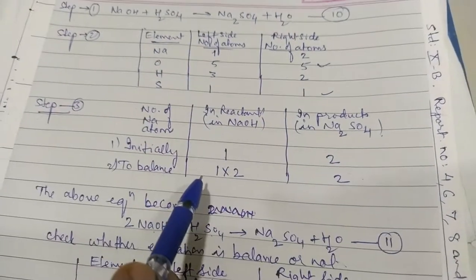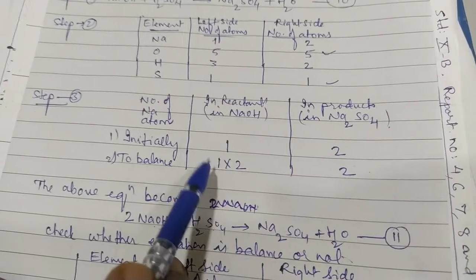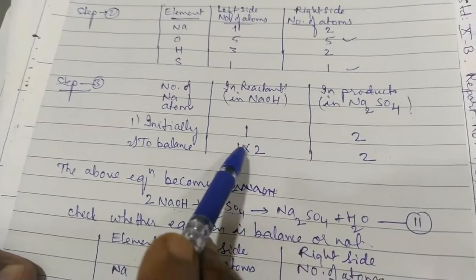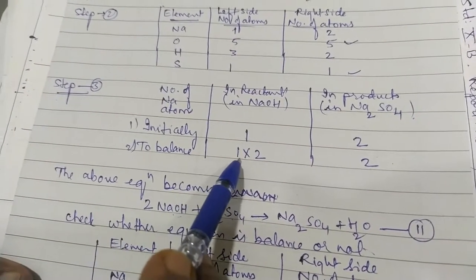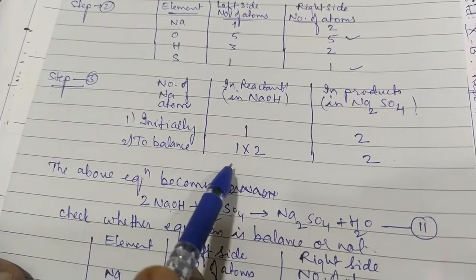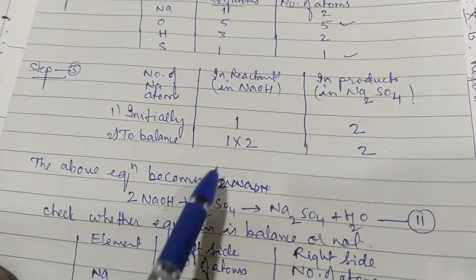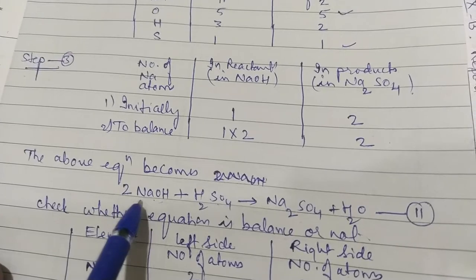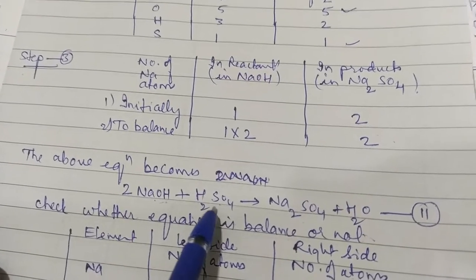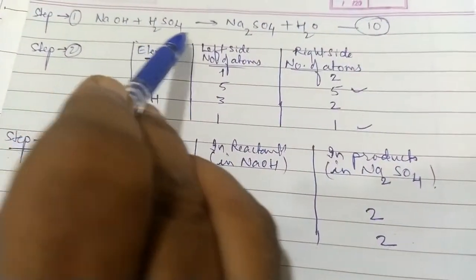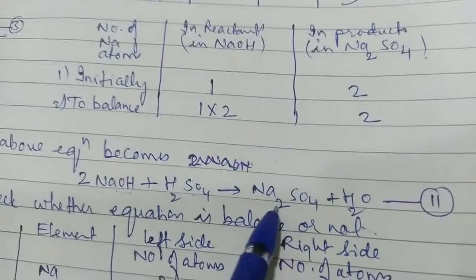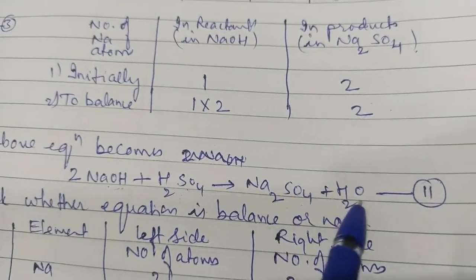See, the important thing is that only in the one in which we are balancing the atom do we write that much. Others we have to keep as they are. Okay. So I have written here 2 NaOH, and other compounds are as they are: H2SO4 as it is, then Na2SO4 as it is, plus H2O.